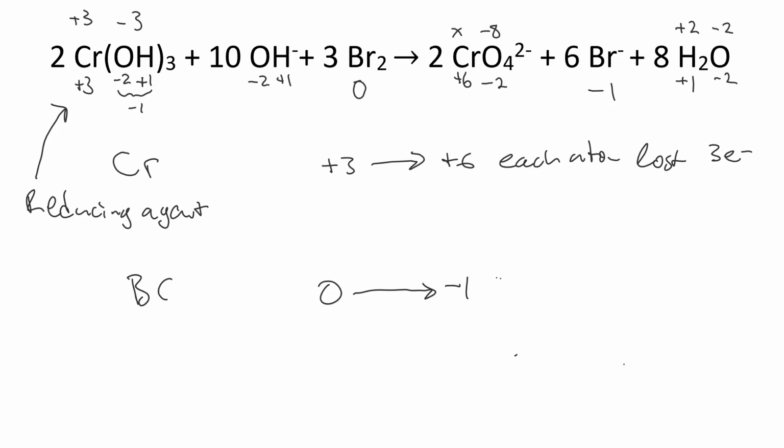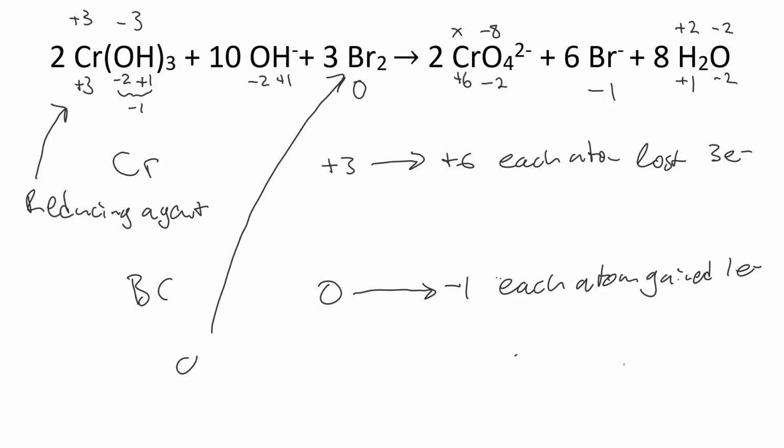Bromine, on the other hand, started out at 0 on the reactant side, ended up at -1. That means that each atom gained 1 electron. Bromine was reduced. That means that the Br2 molecule is the oxidizing agent.